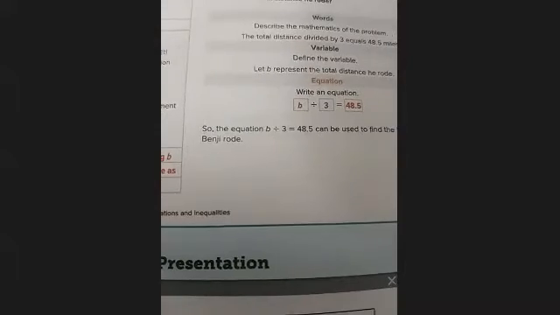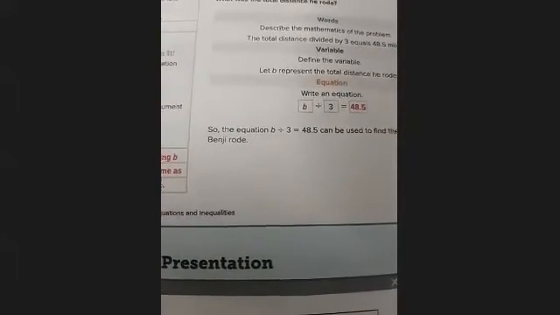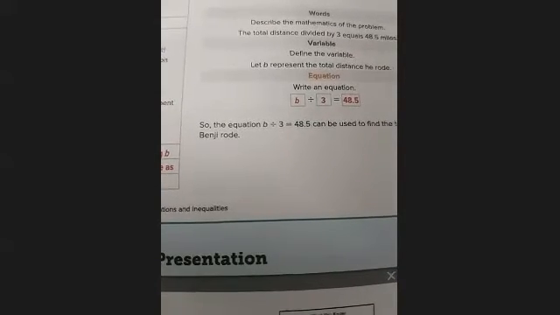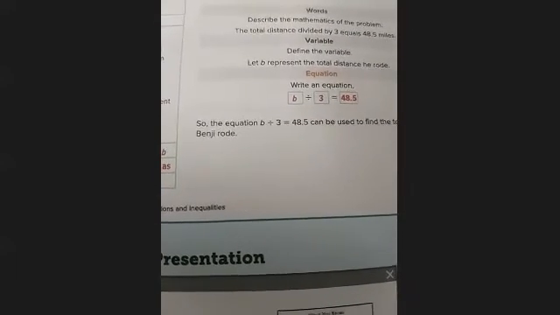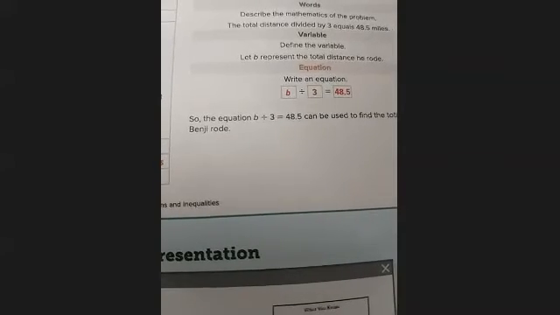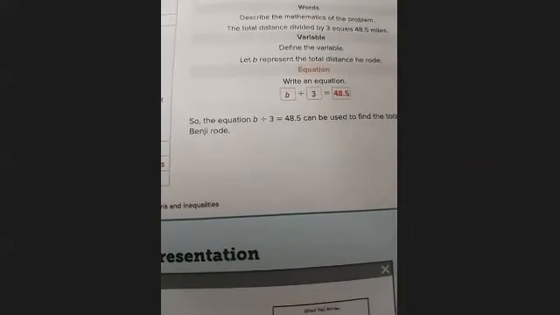So Benji rode a bike between two cities, Pittsburgh and Cleveland. And how many days? 3 days. He rode 48.5 miles each day. The question wants us to know the total distance he rode.